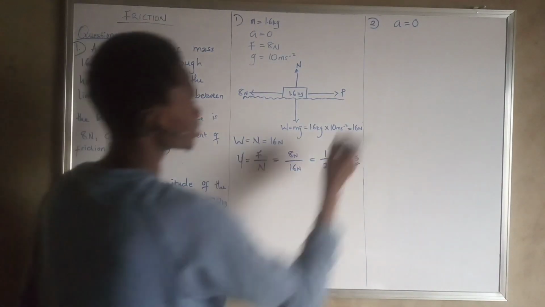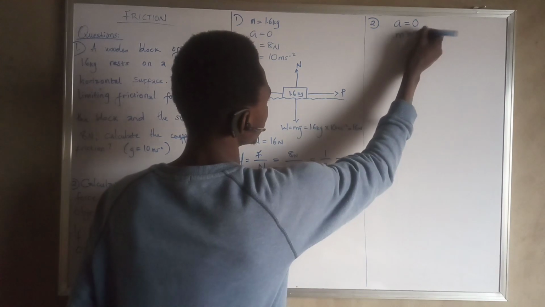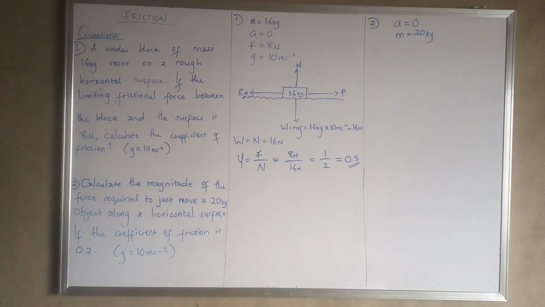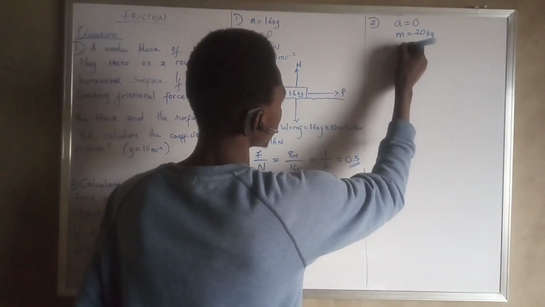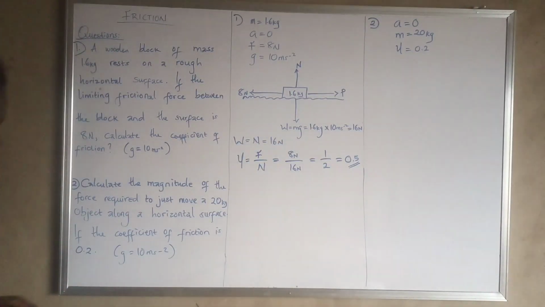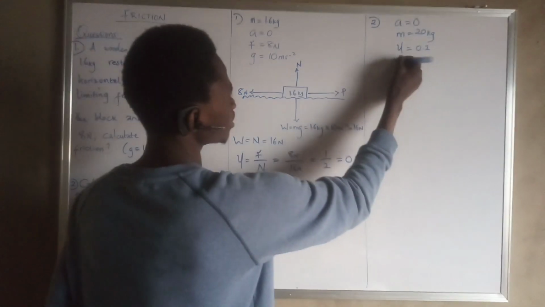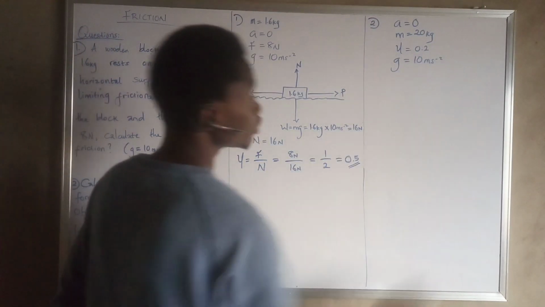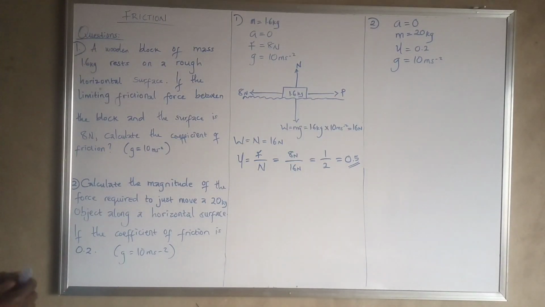Mass of the object is 20 kg. Coefficient of friction is 0.2. Gravity is 10 meters per second squared. So the next thing to be done is to draw out our motion diagram.